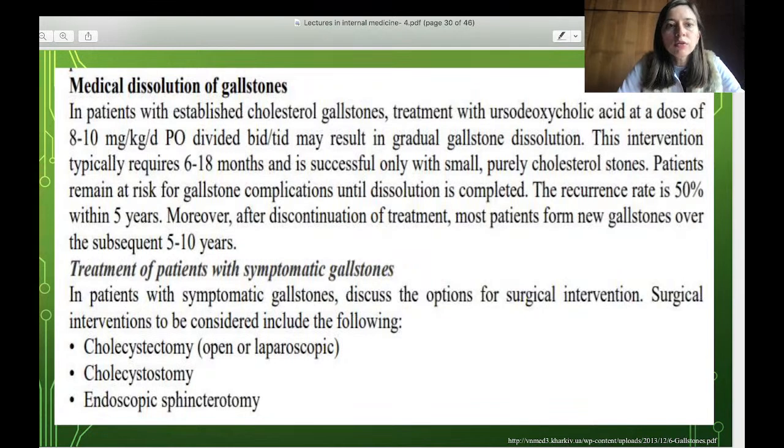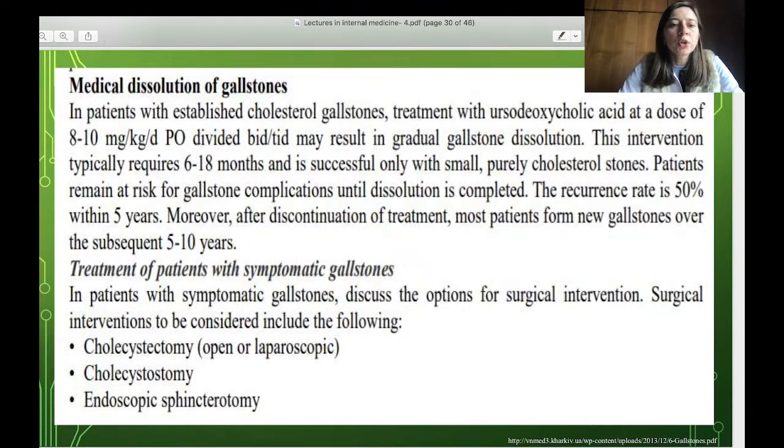Patients remain at risk for gallstone complications until dissolution is complete. The recurrence rate is 50% within 5 years. Moreover, after discontinuation of treatment, most patients form new gallstones over the subsequent 5-10 years.